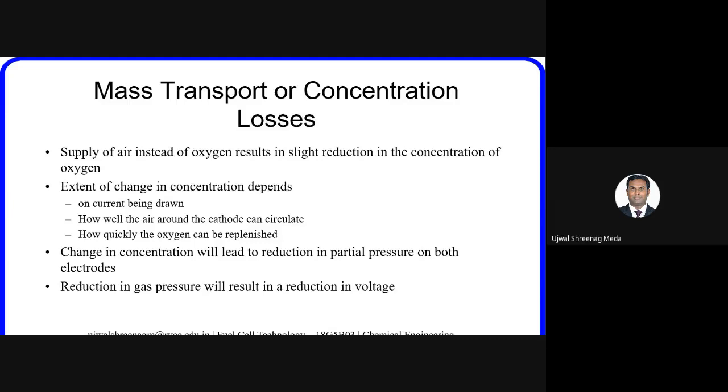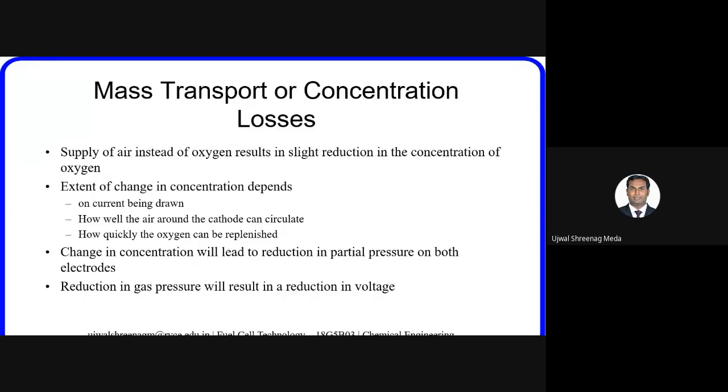At the same time, once the reactions start taking place, there will be continuous consumption of this fuel and oxidant at the anode and cathode respectively. The rate at which the fuel is consumed and the rate at which the fuel is replenished, supplied, should be the same.